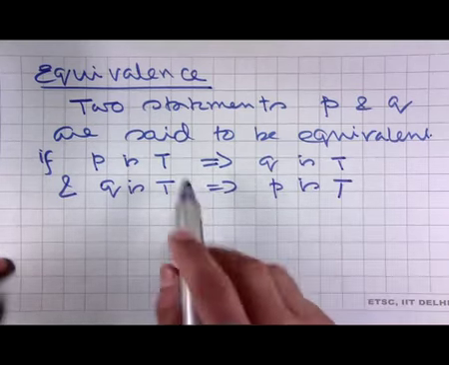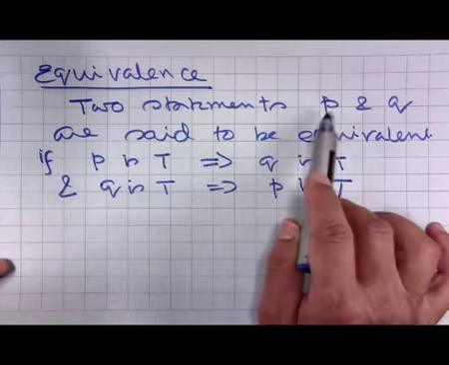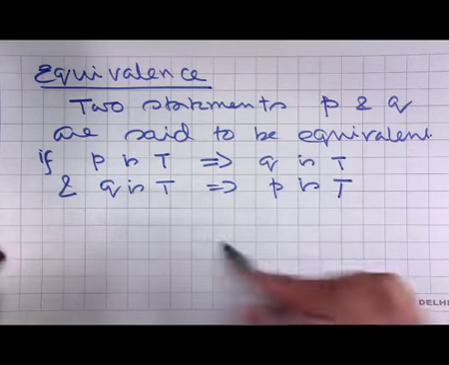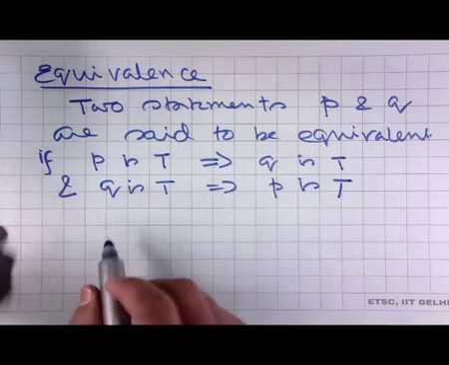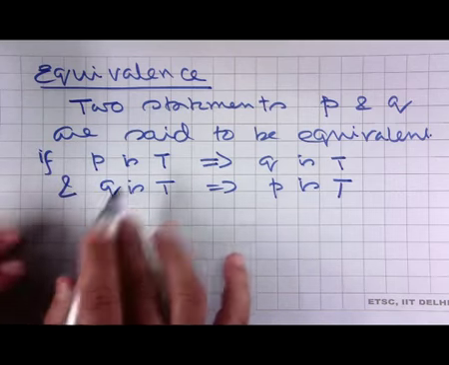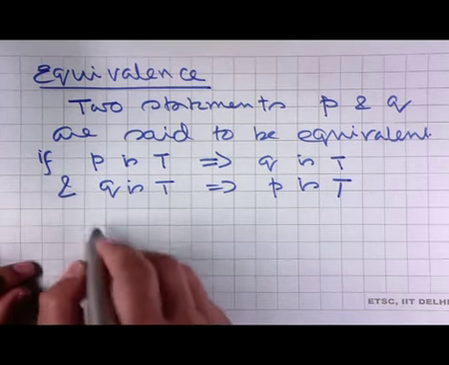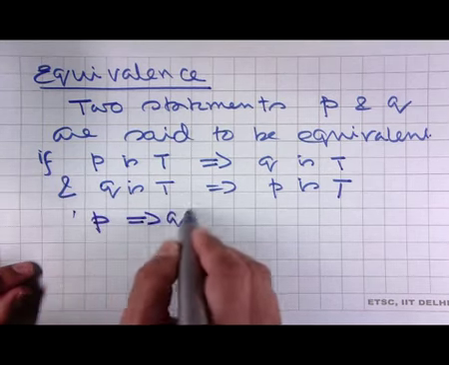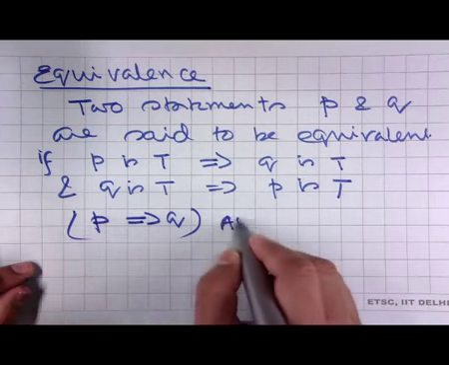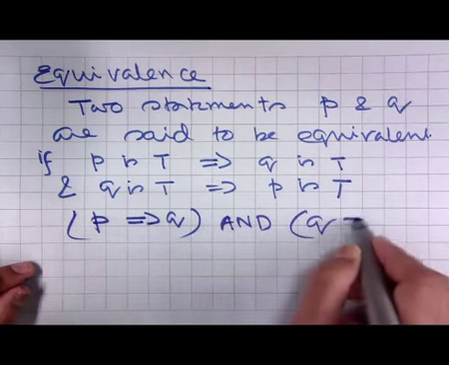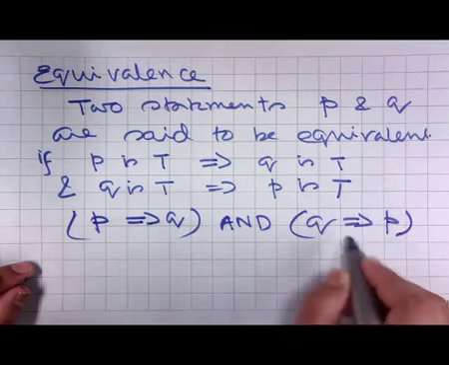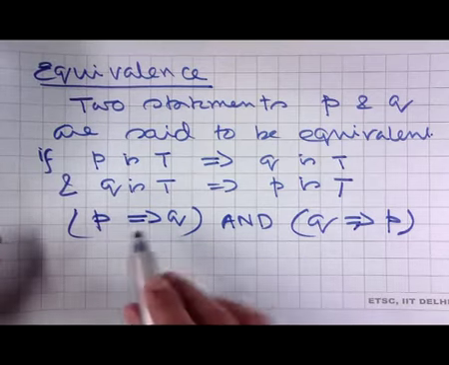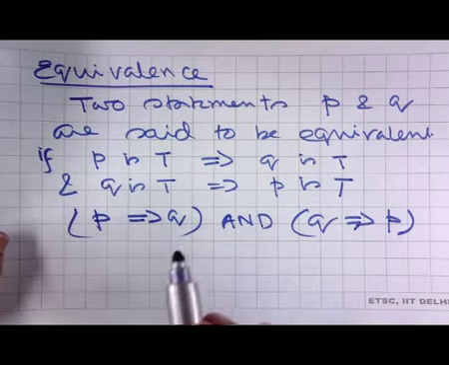In the earlier case, if it is one way implication, if P implies Q, we have seen that if P is false and Q is true, then that is also true, but that is not the case with equivalence. So, we can write it as P and Q are equivalent if P implies Q and Q implies P. Both of them should simultaneously happen to say that P and Q are equivalent.